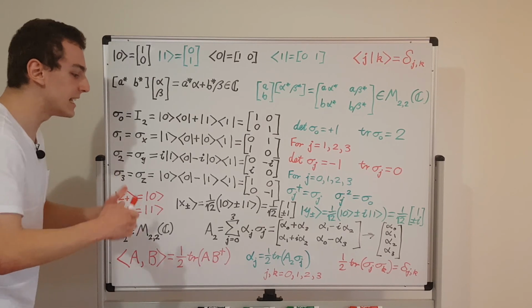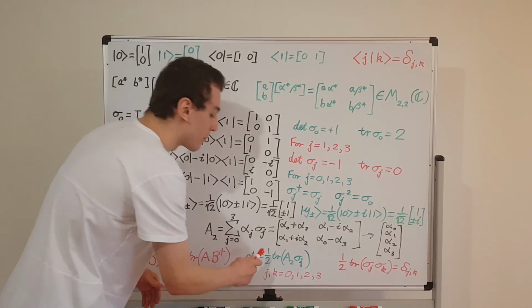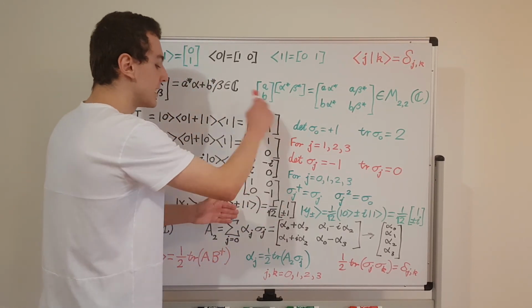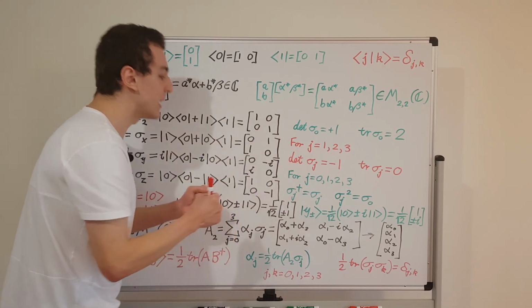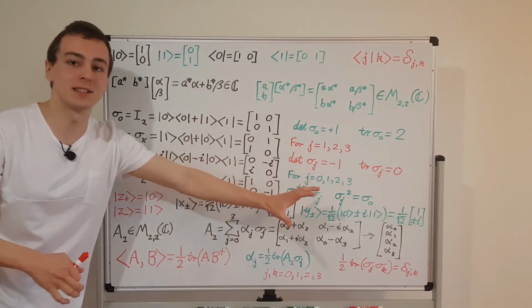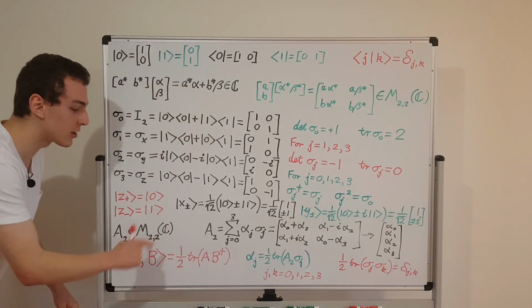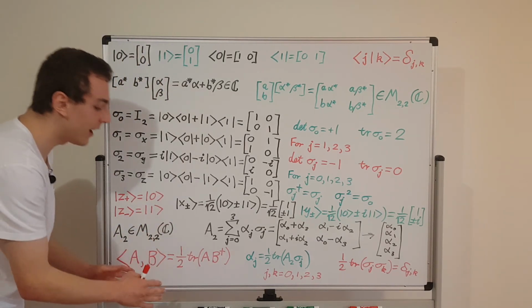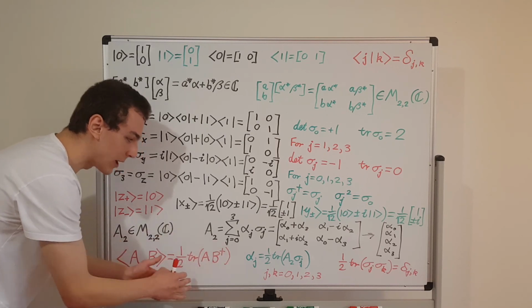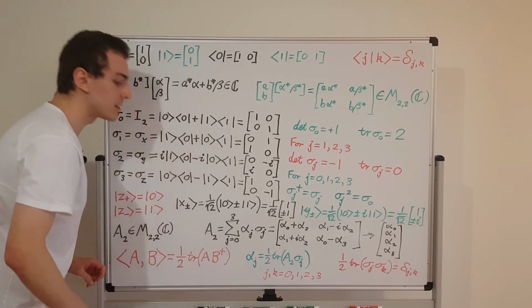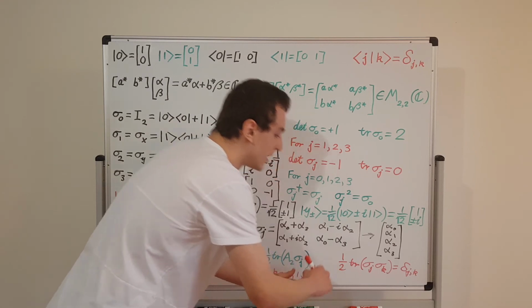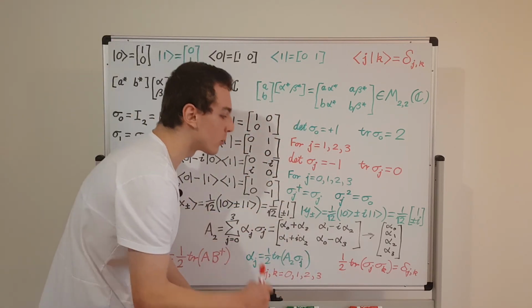Then we took a linear combination of these 4 matrices, and we used them as basis vectors for a new vector space consisting of matrices. And these are 2x2 matrices with complex entries. We defined an inner product involving the trace, and this inner product can be used to show that these 4 matrices form an orthonormal basis.